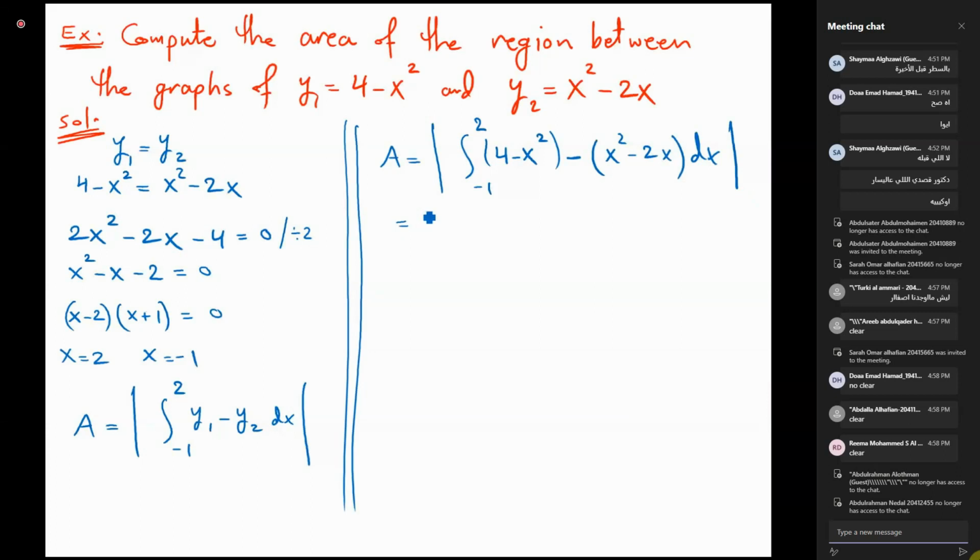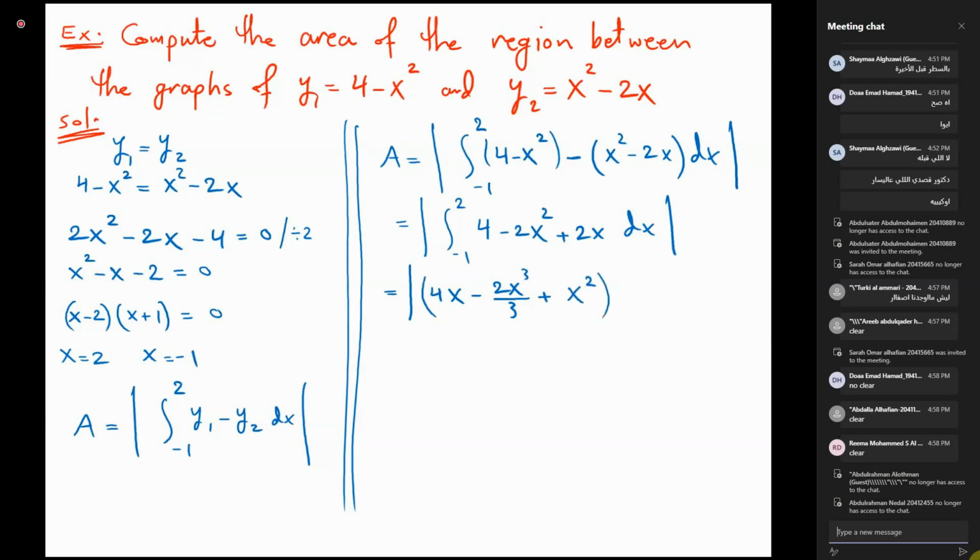This equals the integral from minus 1 to 2 of 4 minus 2x square plus 2x dx. Okay, this equals 4x minus 2x to the power 3 over 3 plus 2x square over 2, so we have x square, from minus 1 to 2 with absolute value.